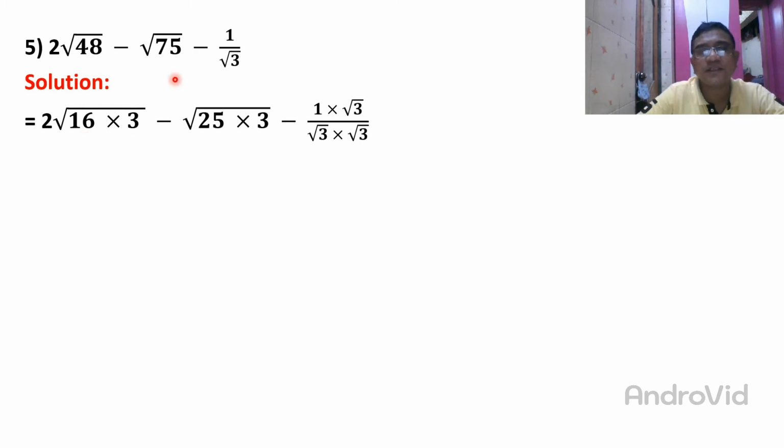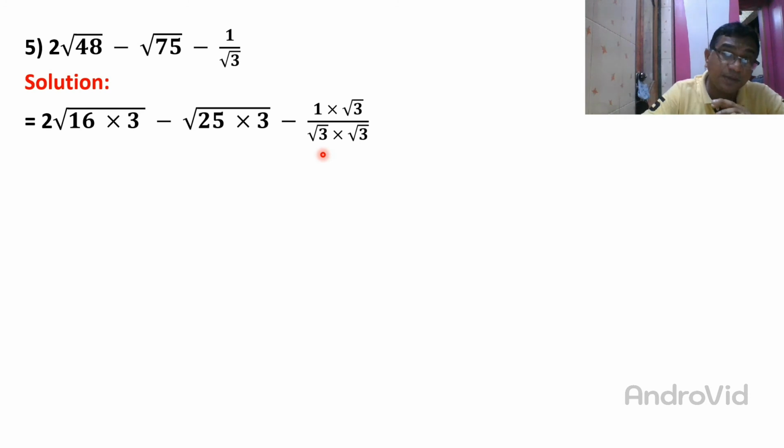75 is factorized: 25 times 3 is 75, and the square root of 25 can be obtained. Then we get 1 upon root 3, so I write here 1 upon root 3. This root 3 must be rationalized. How can you rationalize root 3? It is multiplied by root 3.